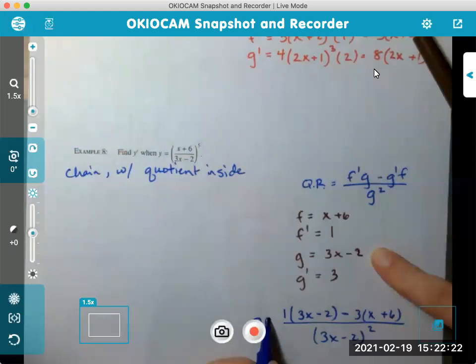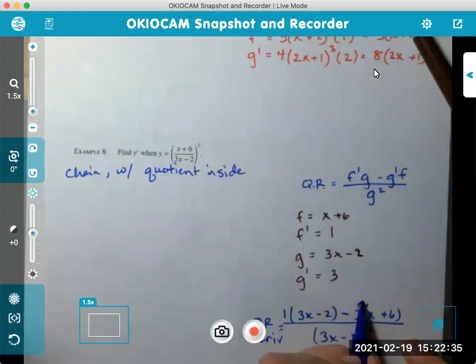So this is the quotient rule derivative. If I clean it up a bit, we've just got 3x minus 2 minus, I'm going to distribute this 3 and the negative, minus 3x minus 18, all over (3x minus 2) squared.